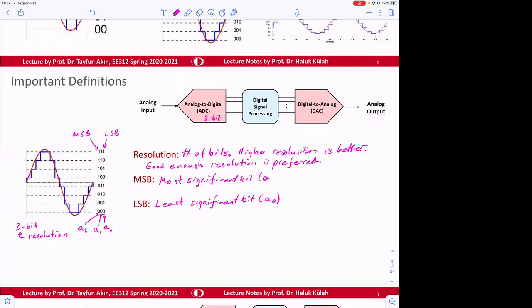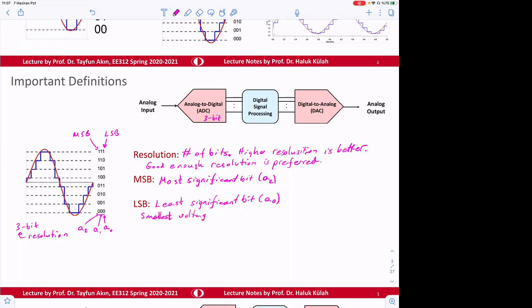Okay, so A2. So we are introducing you to the definitions.